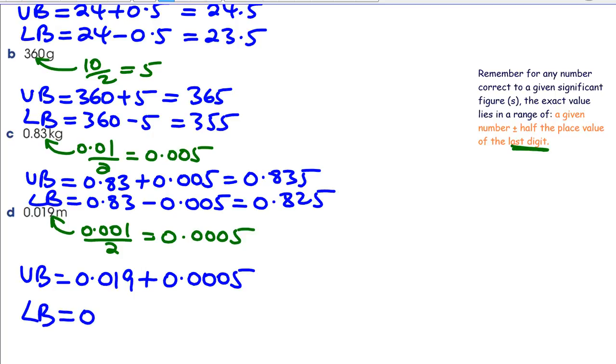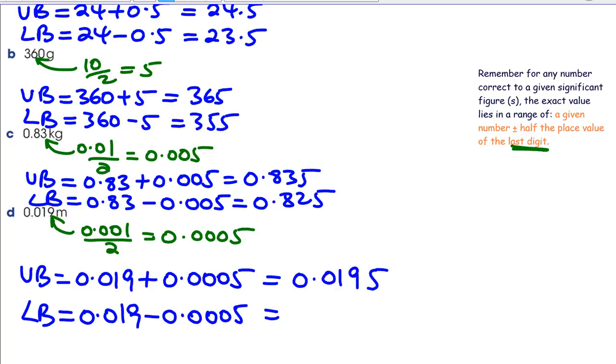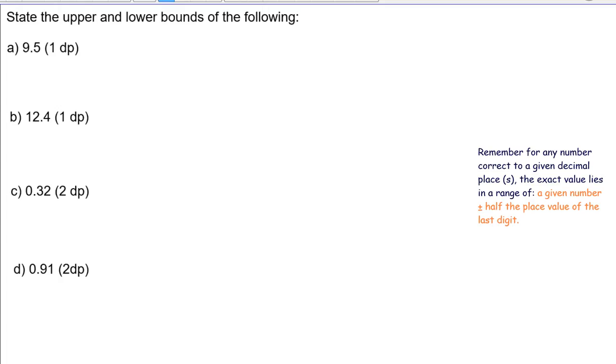Lower bound will be 0.019 minus 0.0005. So this will give you 0.0195, 0.0185. So it's the same process all through, including decimals.